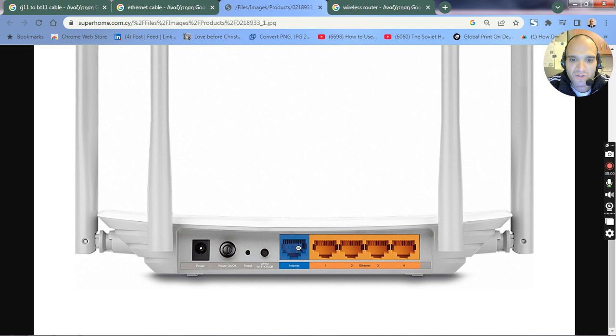So as we see, in this socket we provide access to the Ethernet to the particular device, and we have 4 Ethernet sockets and 4 wireless antennas. So we are able to cover a large area of our premises with a wireless Ethernet, and also we are able to connect 4 computers.